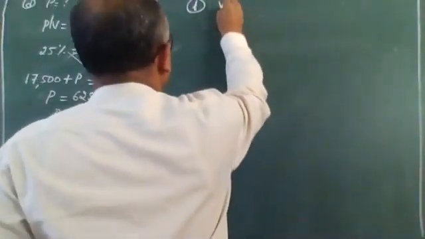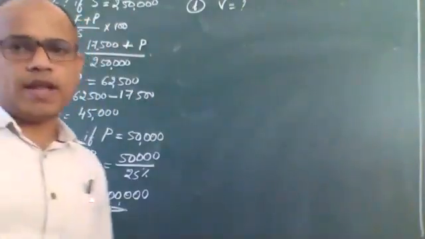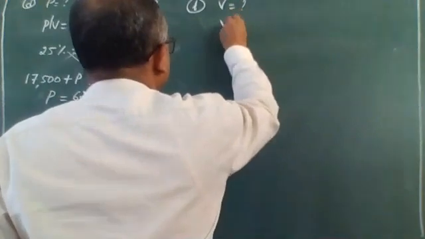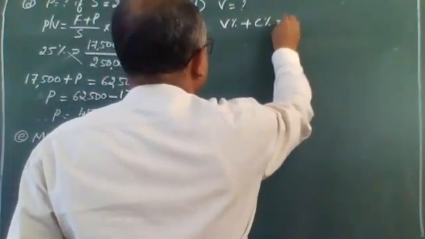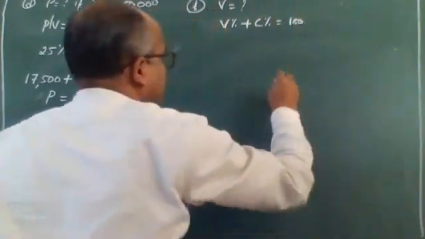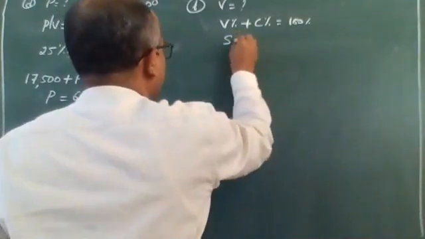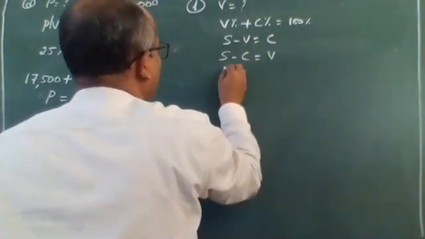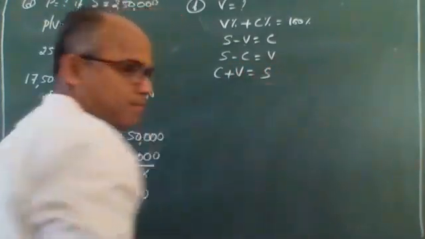Now what is variable cost? You can do it in any way, but I can tell you your variable cost percentage plus the contribution percentage should be equal to 100%, because we know that S minus P is equal to C, S minus C is equal to V, or C plus V should be equal to S.